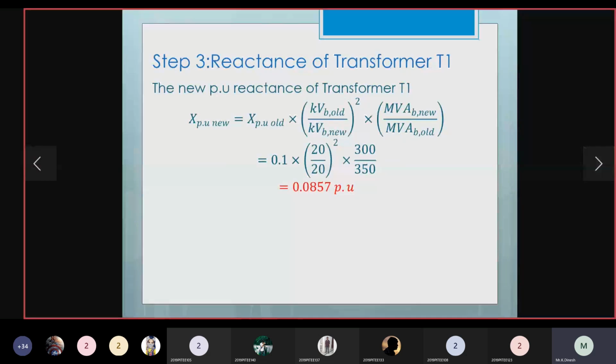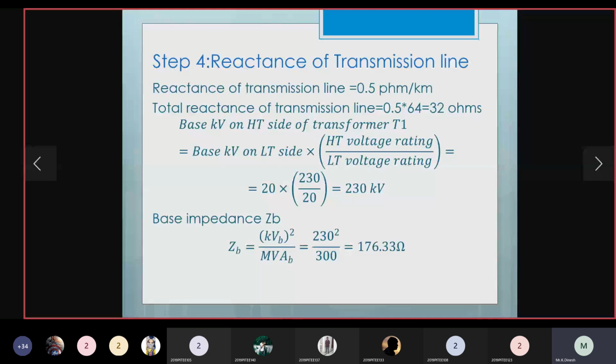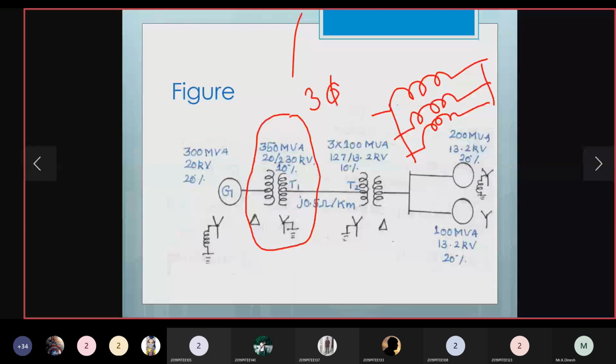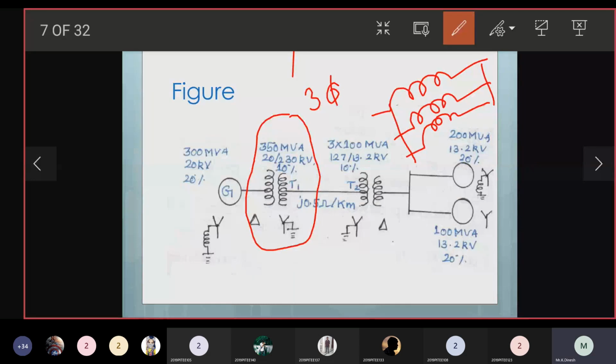So step number 4 is we have the transmission line on the transformer secondary. So I clearly said when you have the transformer secondary, you have the change of base. So we completed reactance for the generator. We completed the reactance for transformer T1 with respect to the primary side. So now we have the transmission line which is connected to T1 secondary. So T1 is 230 kV. So here you have the change of base. So the kVB value is changing. How is it changing?